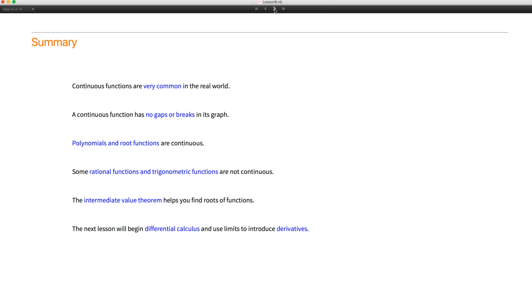Okay, so we are done for today's lesson. Let's summarize. So basically, continuous functions are very common in the real world. And in fact, most functions you'll meet are going to be continuous. There really is no problem at all. We did see some examples, but they were somewhat artificial in some cases, and you don't need to worry about them mostly. Informally, a continuous function has no gaps or breaks in its graph.